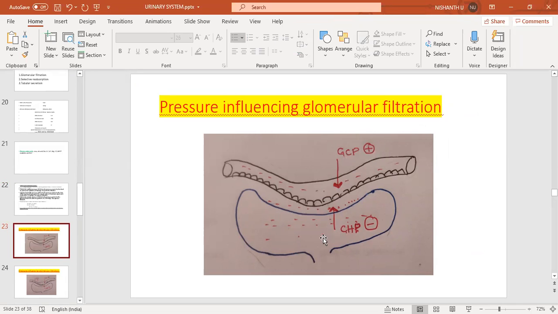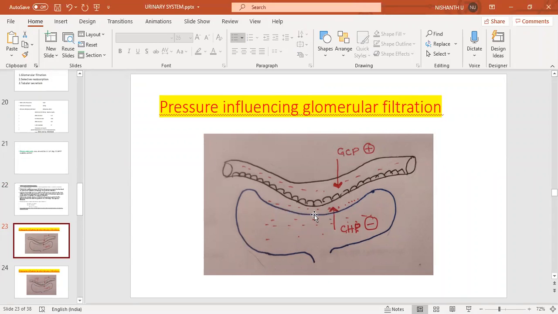Next one, what I told you, capsular hydrostatic pressure. Once the filtration is over, the filtrate will move from the capillary into the Bowman's capsule. This is the Bowman's capsule, and between the capillary and the Bowman's capsule also some fluid is there. This fluid will not allow further filtration of the blood.